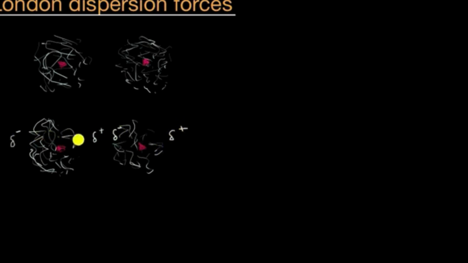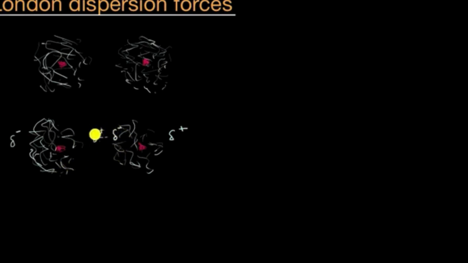We already had a randomly occurring dipole on the left-hand side, but then that would have induced a dipole on the right-hand side. A dipole is just when you have the separation of charge, where you have your positive and negative charges at two different parts of a molecule or an atom or really anything. But in this world, all of a sudden, the atoms are going to be attracted to each other.